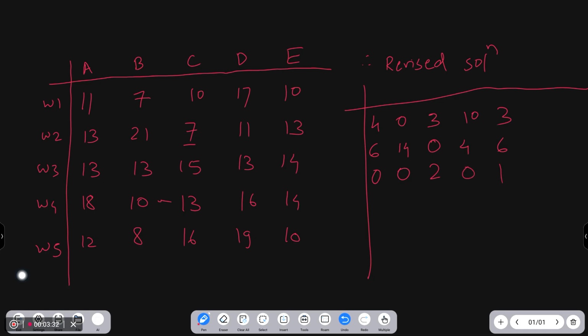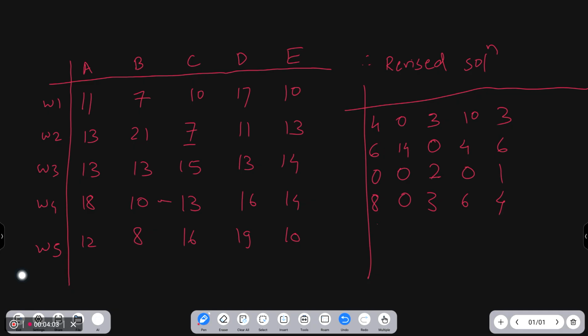In the next row, 10 is the smallest value. Therefore, it's 8, then 0, then 3, then 6 and 4. Here 2. And in the final row, 8 is the smallest number.